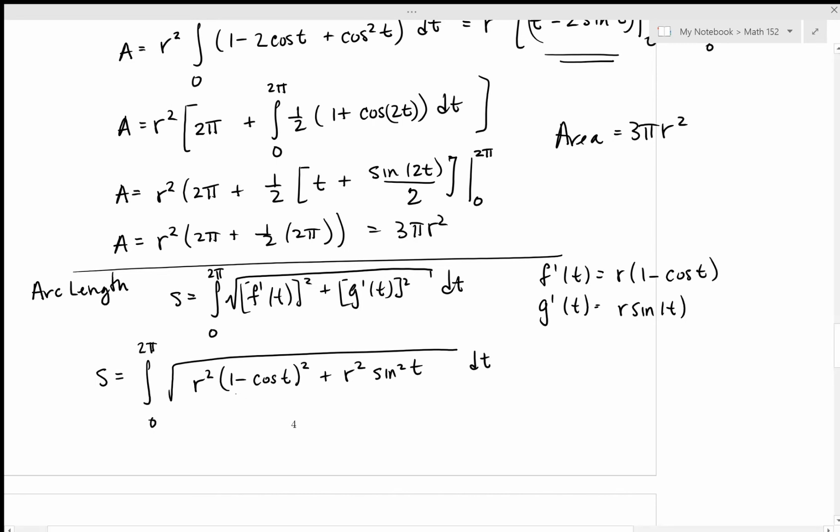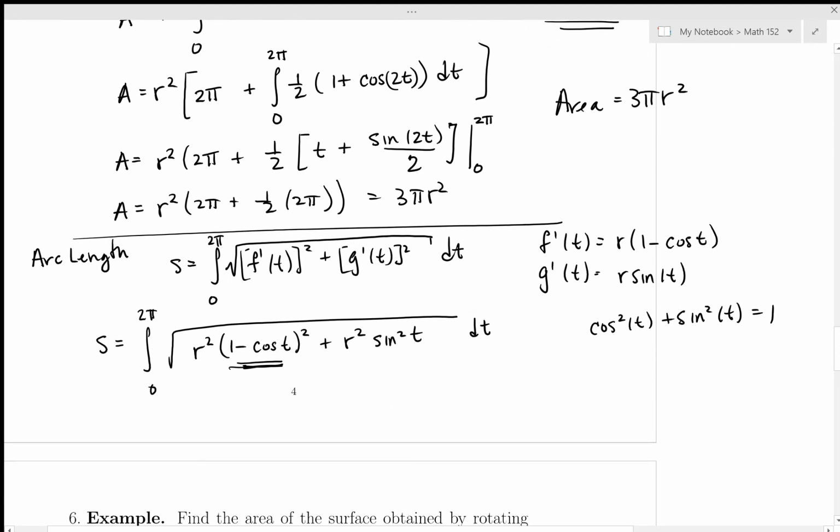We expand that, and then you see that you have sine squared plus cos squared. So the cos squared t plus sine squared t, that's equal to 1. So I'm going to expand this thing and use that identity, and that will allow me to simplify this noticeably.